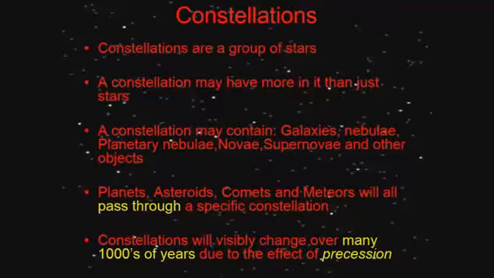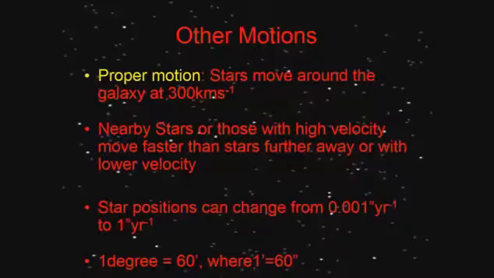There are other motions as well. There is something called proper motion that also changes the positions of the stars that make up our constellations. So proper motion is where stars move around the galaxy, and stars are rotating around the center of the galaxy at about 300 kilometers per second, including our star.